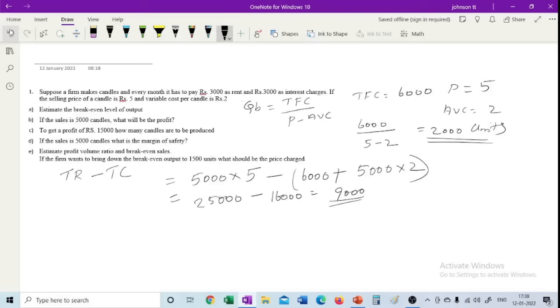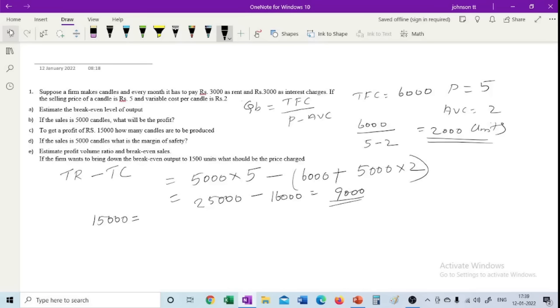Then the third part of the question is, to get a profit of rupees 15,000, how many candles are to be produced? So here again, the profit is TR minus TC, that is given. So what we can write, 15,000 is equal to TR minus TC.